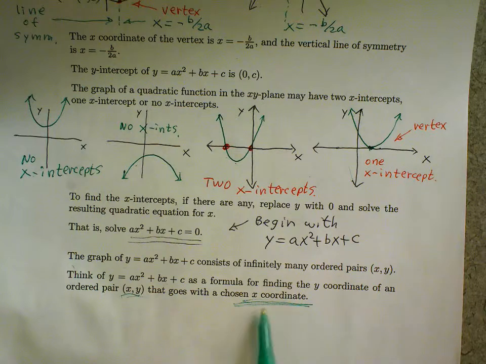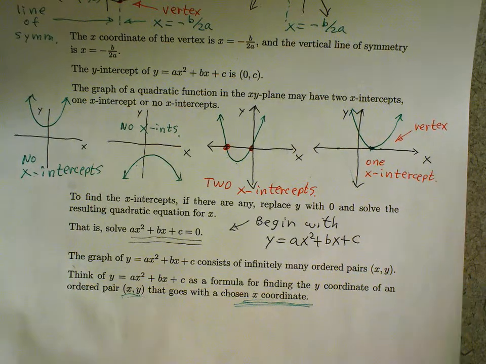Usually we try to pick x and y coordinates that are near the vertex, some points to the left of the vertex itself, and then points to the right of the vertex, so that we can sketch the graph of the parabola in a somewhat accurate way.